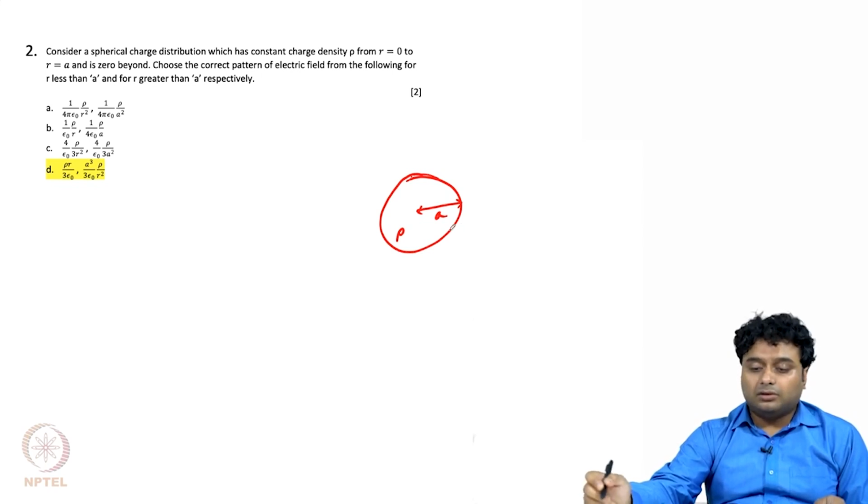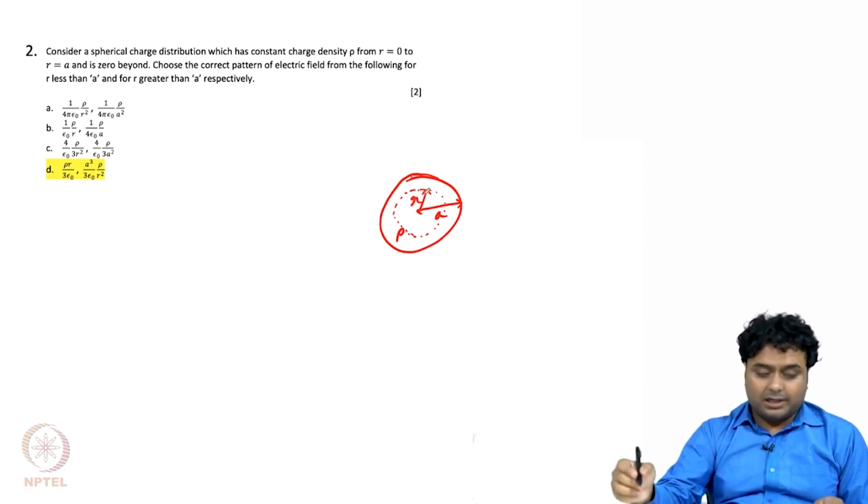For that we need to use what we discussed in the week 2 lectures, that is Gauss law. So first I will assume a Gaussian surface here, of radius r.